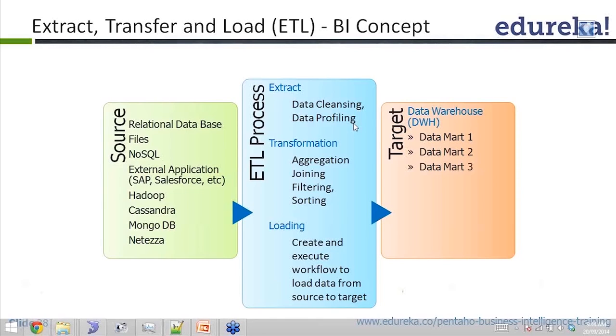So source data can be a relational database, files, NoSQL, external applications, Hadoop, again big data, HDFS. The NoSQL data sources like Cassandra, MongoDB, CouchDB, Netezza. So these are the sources. On the target side, typically it will be a data warehouse, and as somebody mentioned, a data warehouse will have multi-dimensional data.